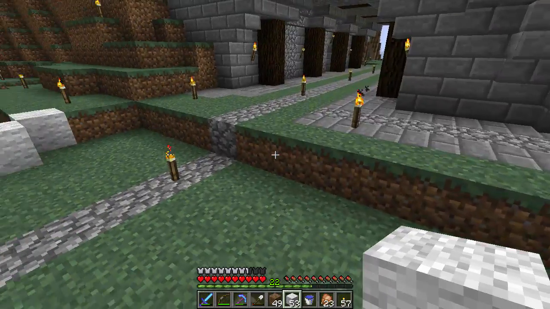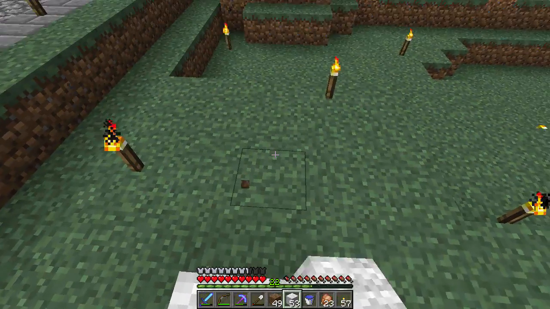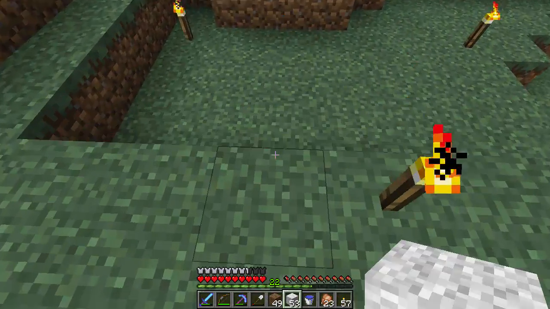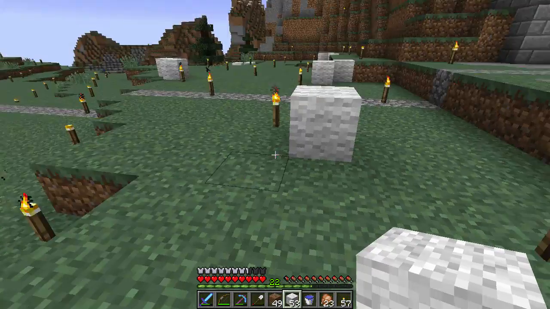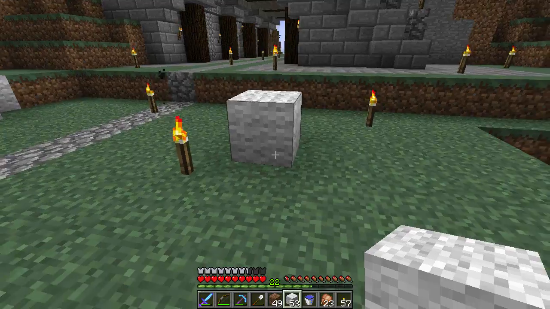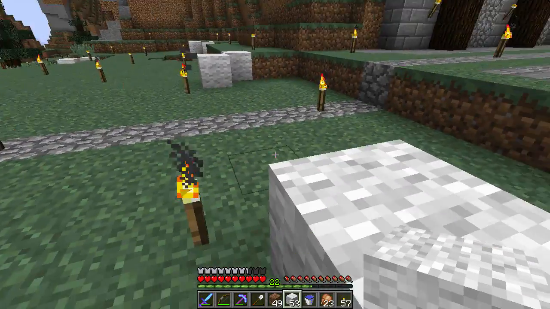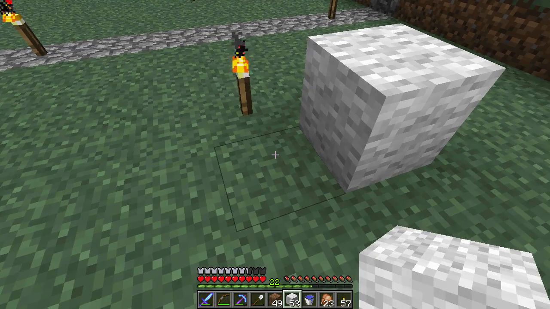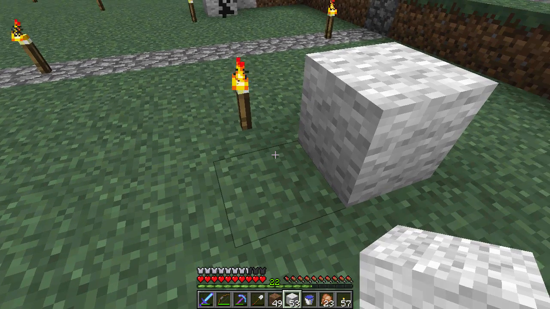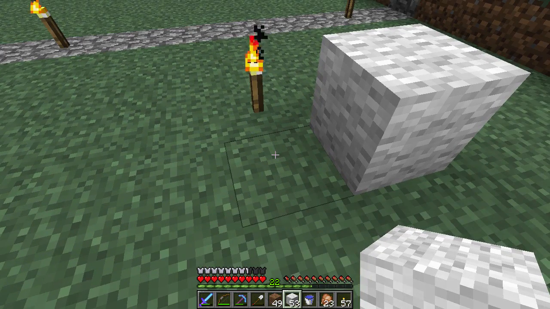How little space does this give us here? 1, 2, 3, 4, 5, 6, 7, 8 at the most. 7 being an odd number. This one we could do an inside corner on.